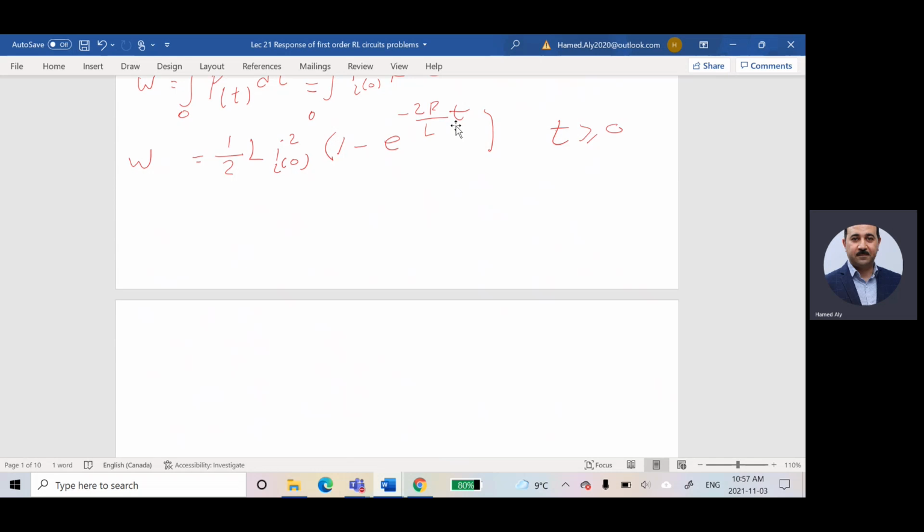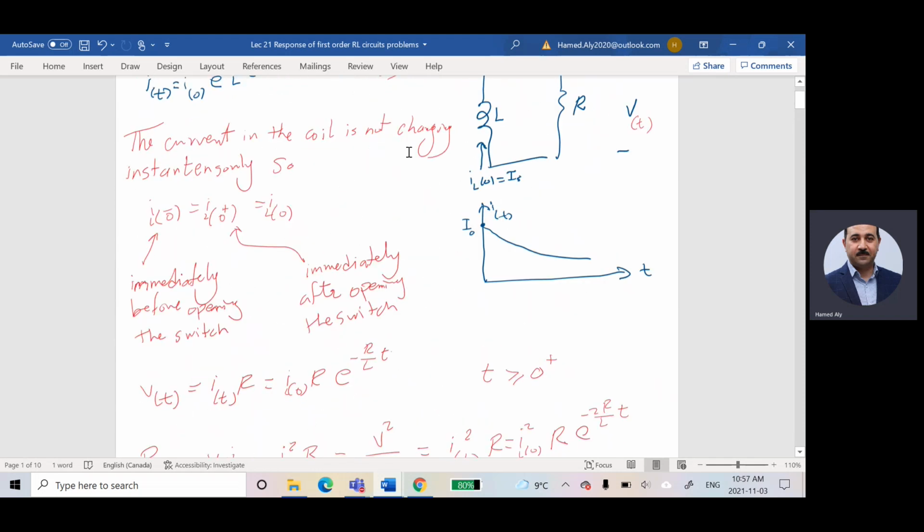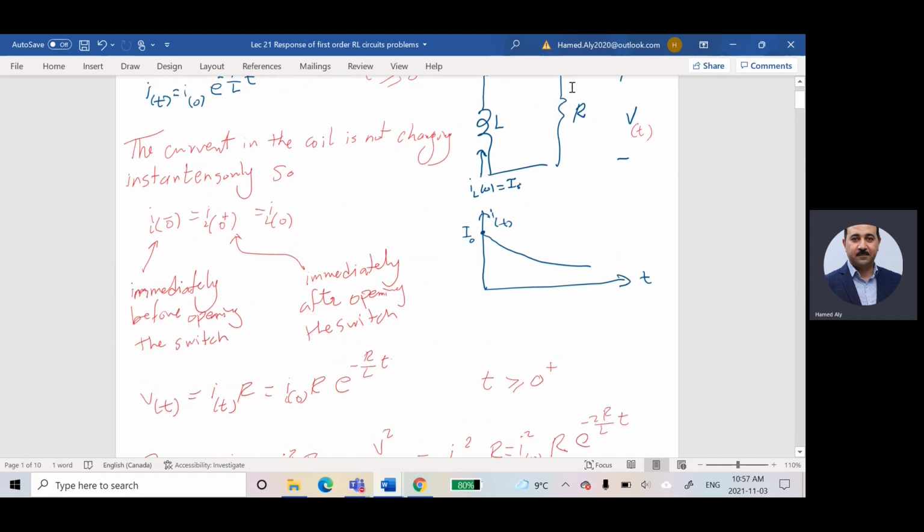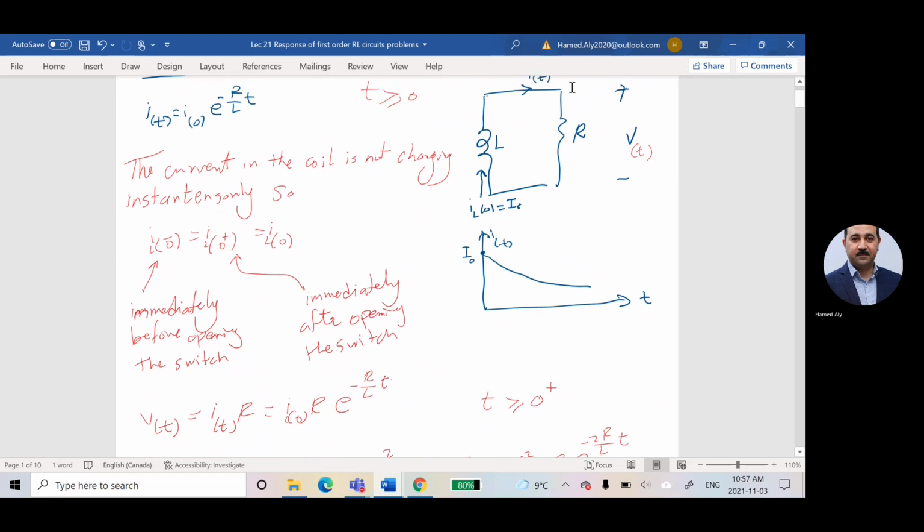Are you seeing what I'm talking about, guys? Because here I'm talking about this guy, but based on the calculated voltage across the resistor. Okay, guys? You got that? Any question? You have to use this equation for finding the voltage.